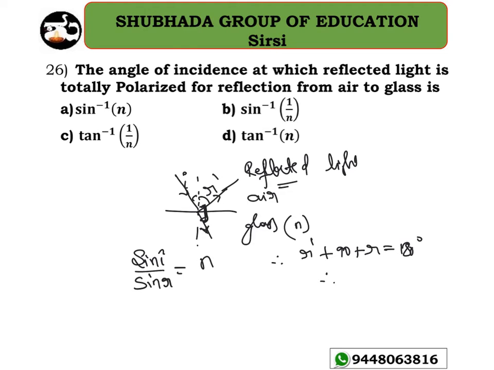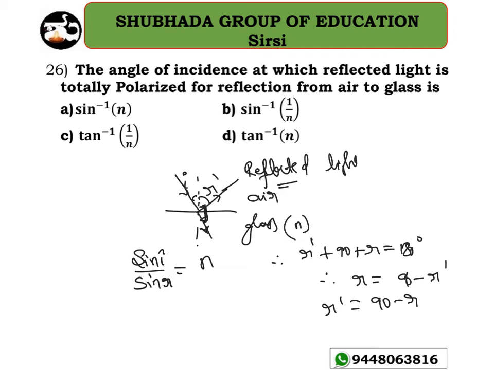So I can take r as 90 minus r dash, correct? Or else I can take it as r dash equal to 90 minus r here.